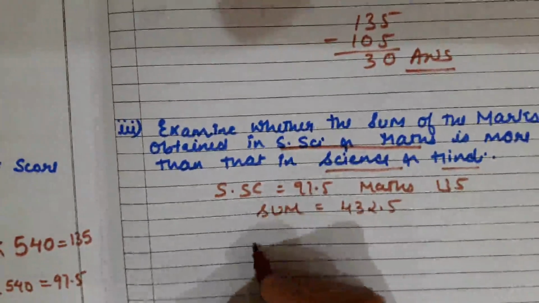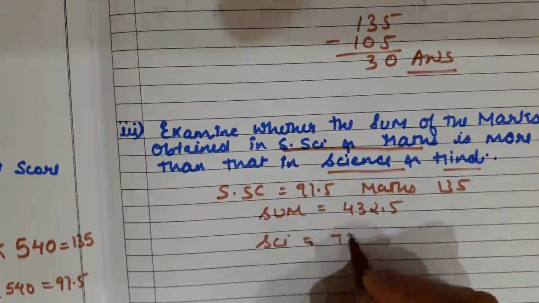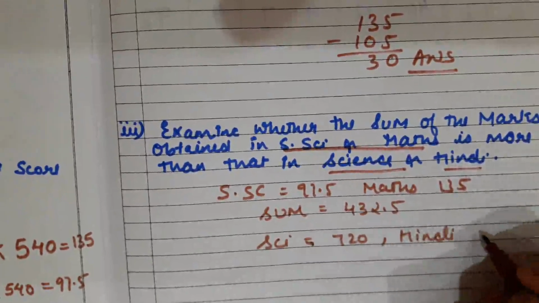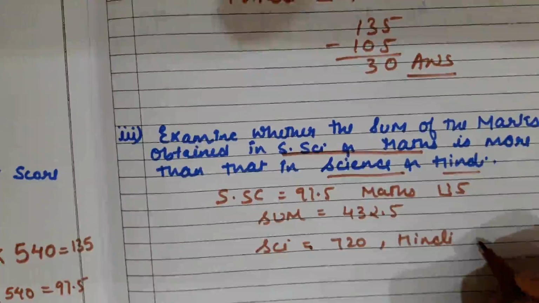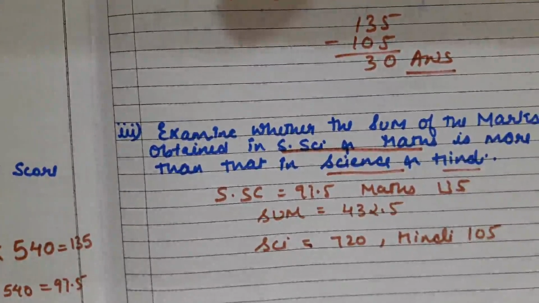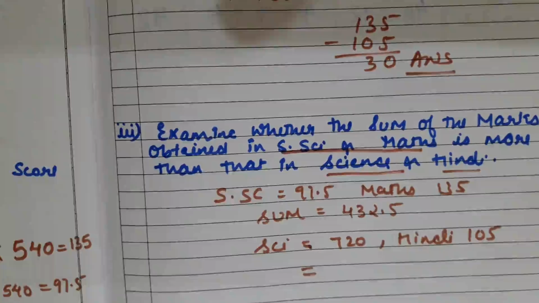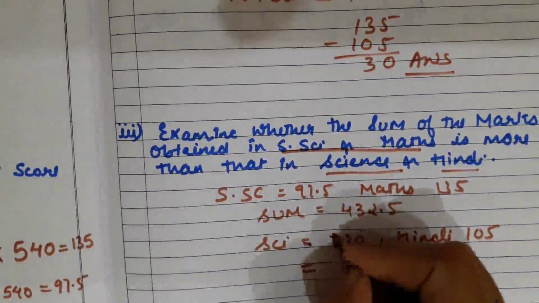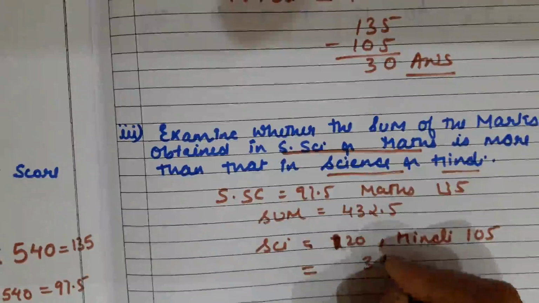In science he is scoring 120 and in Hindi he is scoring 105. So 120 plus 105 is 225.